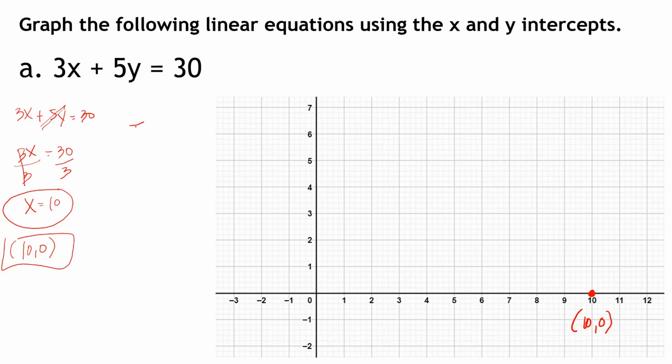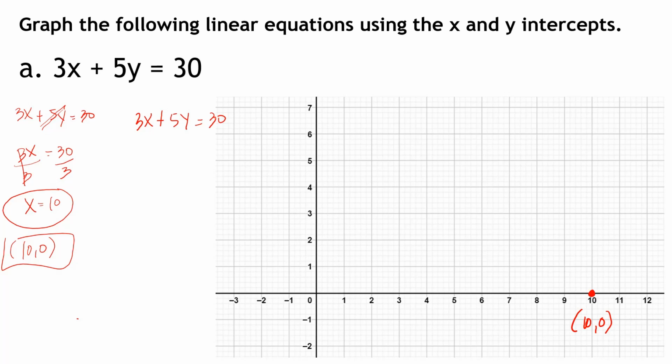Next, let's have the y-intercept. 3x plus 5y equals 30.